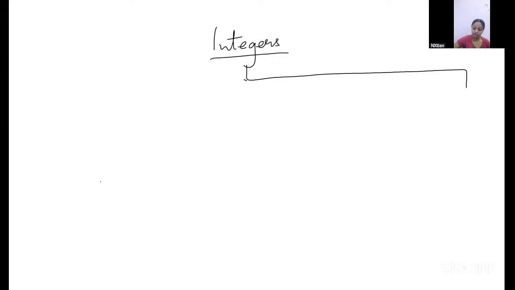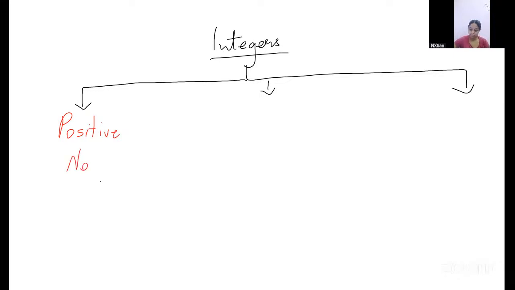Yes, Abraham. Ma'am, it's natural numbers, like from 1 to infinity, then 0, and then the negatives. So integers are like 1, 2, 3, 4, positive, negative, and 0.